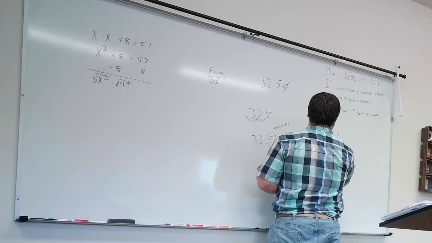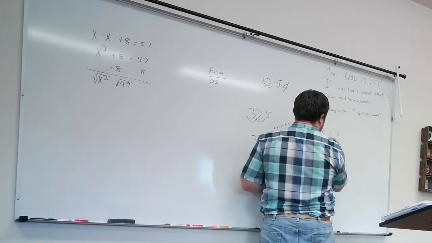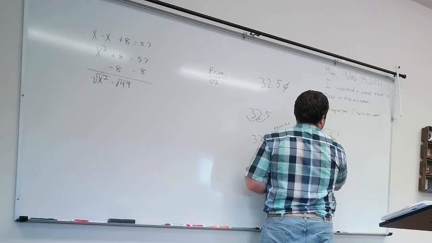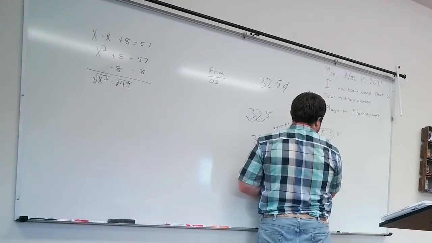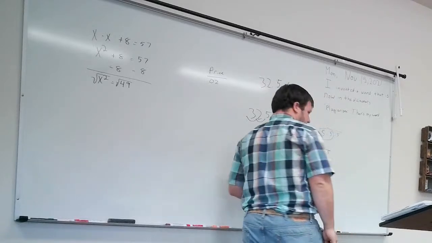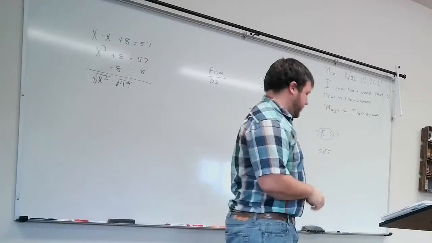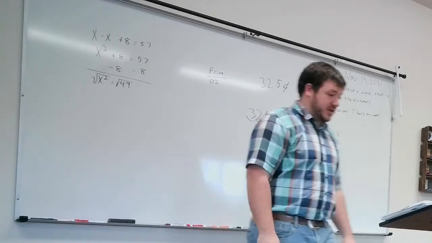This is 125. This is what we're dealing with. So you take these two, and you get 5, and then you get 5 again. That's what you do. If you have one too many, then you leave one inside.